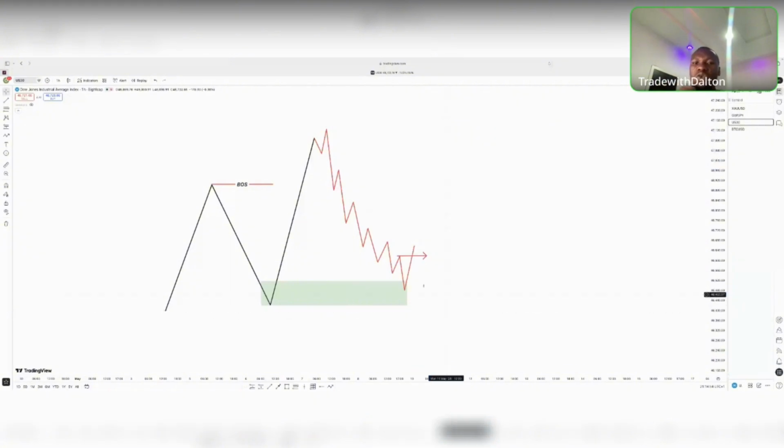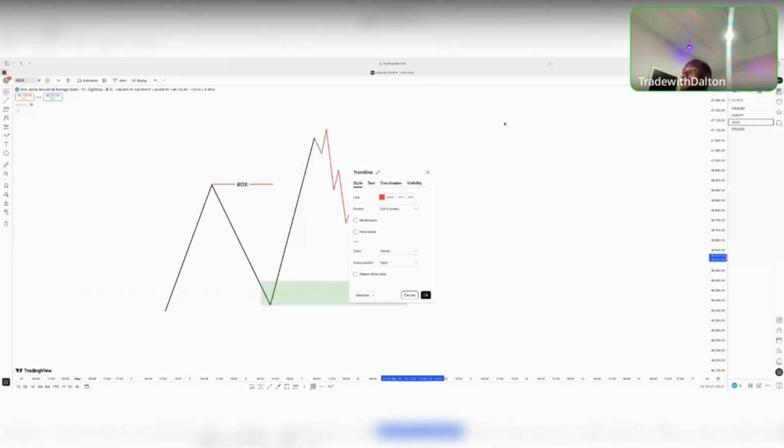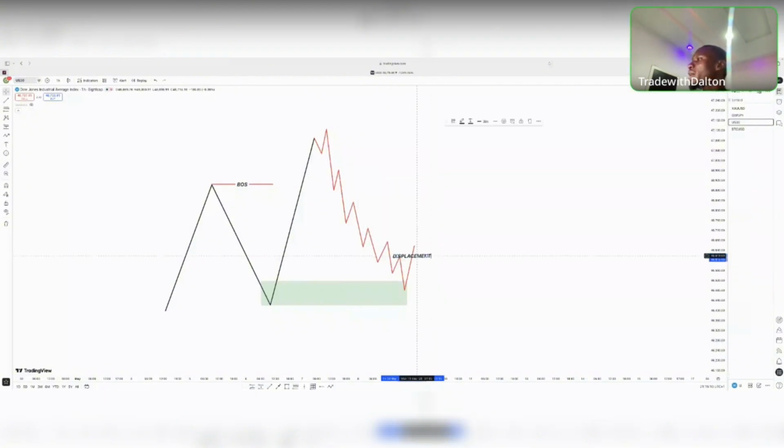That point of shift where, instead of creating a lower high and lower low, it decides to create a higher high, that point of break where it breaks out from the previous high is called a displacement. And when we are talking about primary POI, that point is what we are talking about. This is your primary POI.